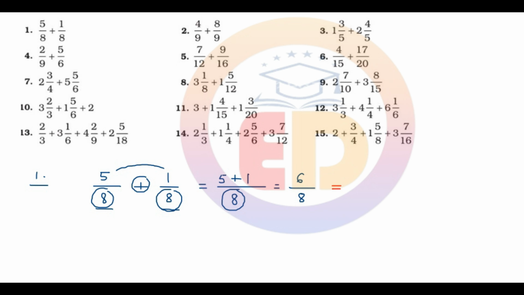Both 6 and 8 are divisible by 2. So we divide 6 by 2: 2 3s are 6 and 2 4s are 8. So 6 upon 8 becomes 3 upon 4, which is my final answer.